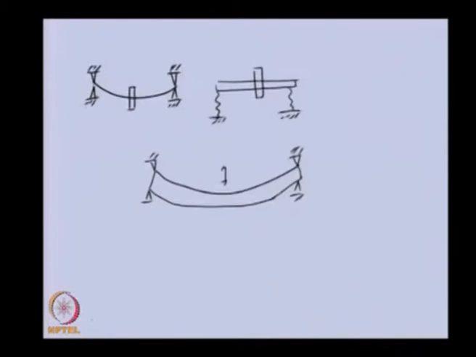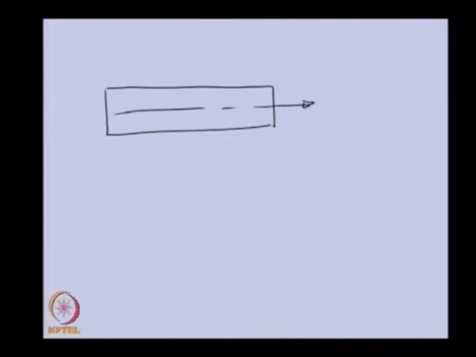For this particular case, let us say this is the axis of the shaft Z, and this is one of the planes of the shaft shown here, and at a distance Z, let us say there is a plane whose motion we want to analyze.